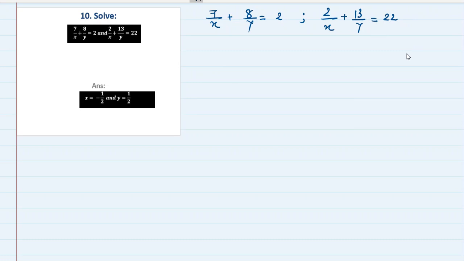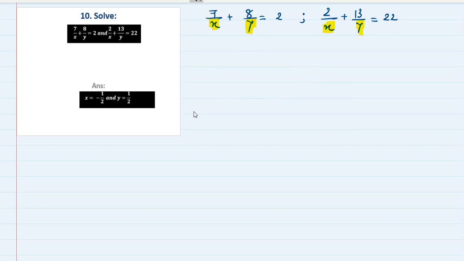Now, when you look at this equation, the first thing which should look very weird to you is the x and y in the denominator. They should not be in the denominator. Their place is in the numerator. If they are in the denominator, then there is something wrong with this question. It cannot be solved with the method which we have used till now.